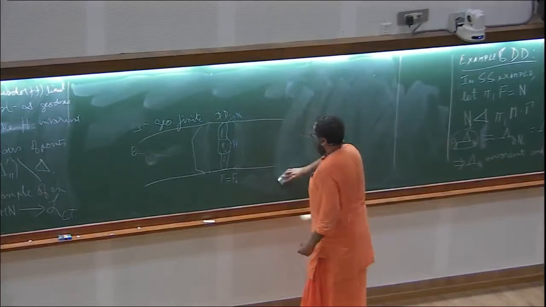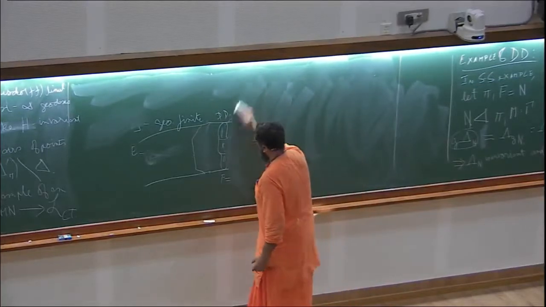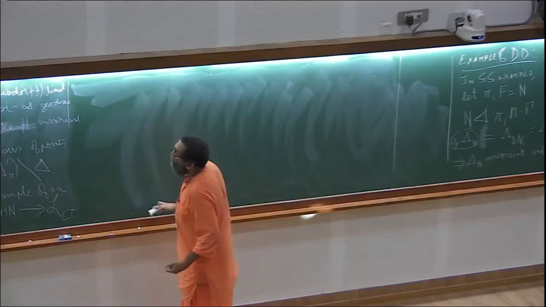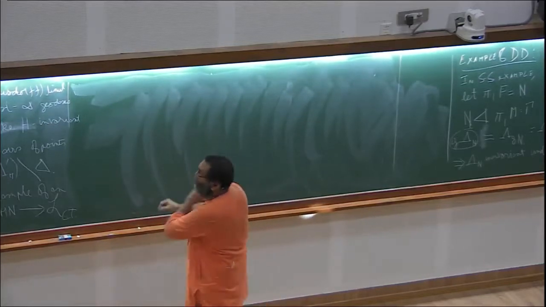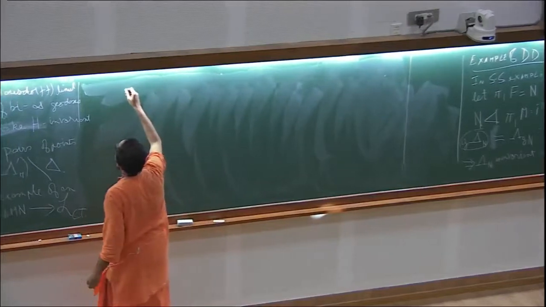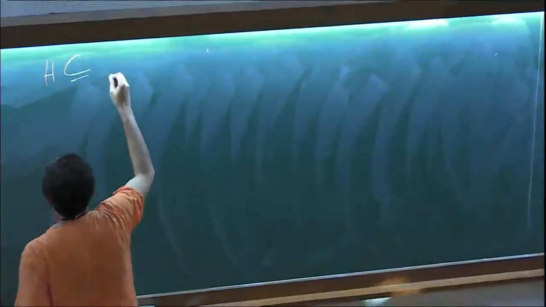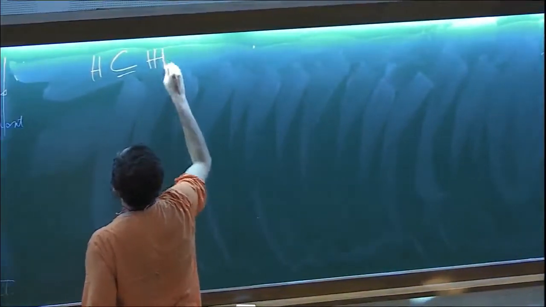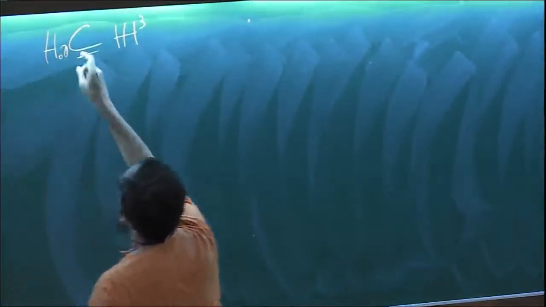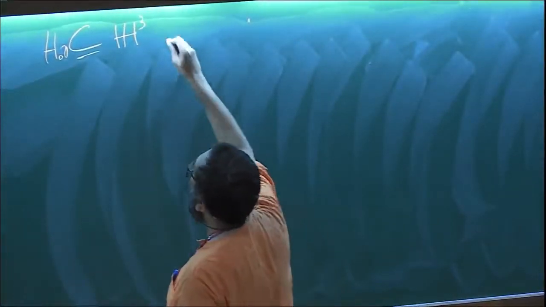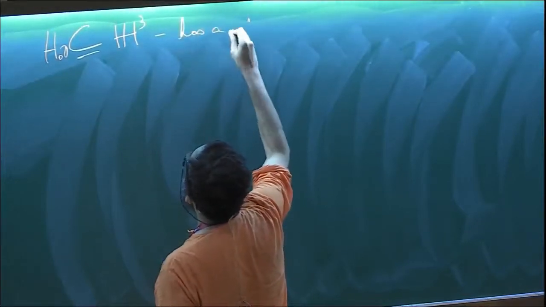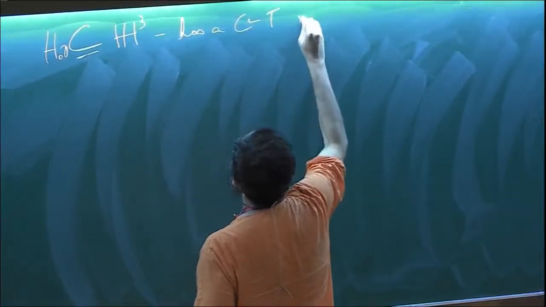Running out of board space even with so much space. Okay, so what do you have here? H is contained in H dot O, an orbit, which is contained in H3. This has a CT map.